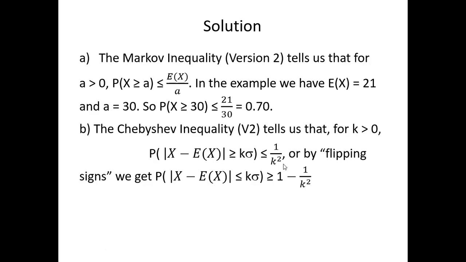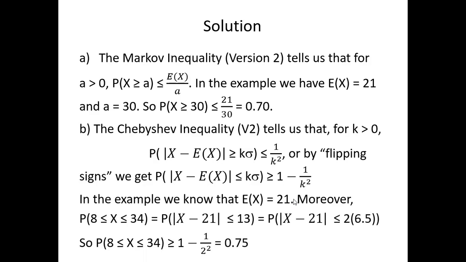Or by flipping signs, formerly we're using the complement, we get that the probability X minus E of X is less than k sigma, right here we change this sign, and then we flip this one, is greater than or equal to 1 minus 1 over k squared.